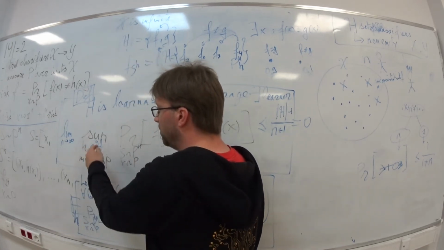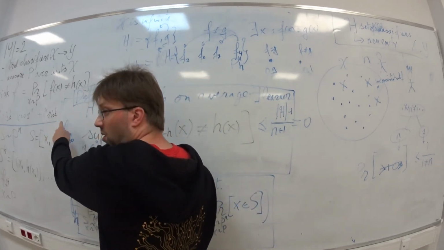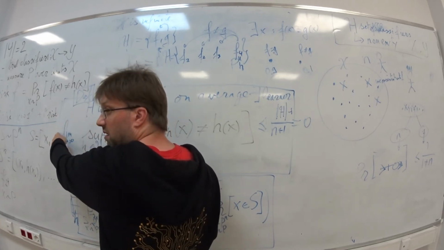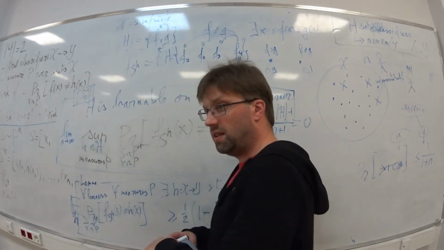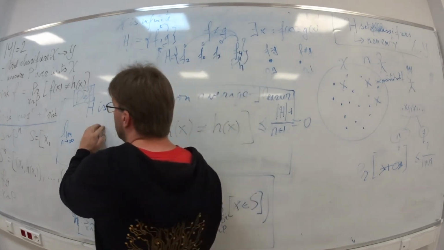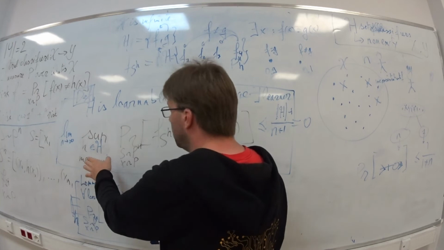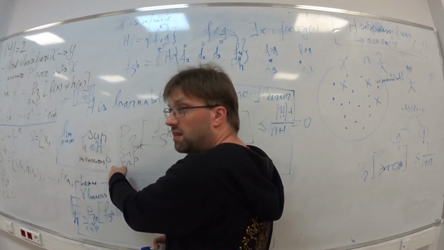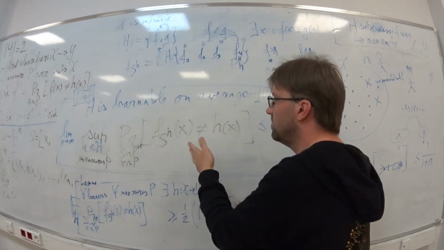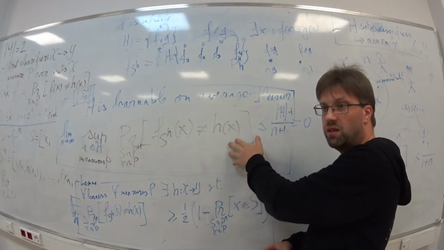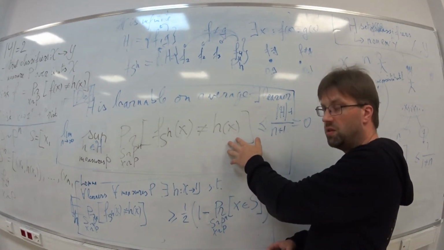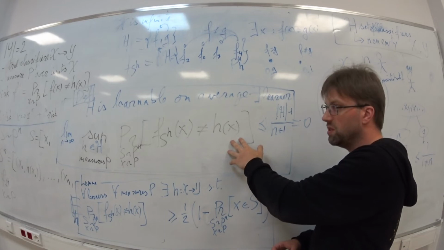What if I put one supremum here, or both supremums here? Well, if both supremums are here, then the rate of convergence can depend on h and measure p, and in this case, this definition is useless. Almost everything is learnable. It almost always goes to 0.